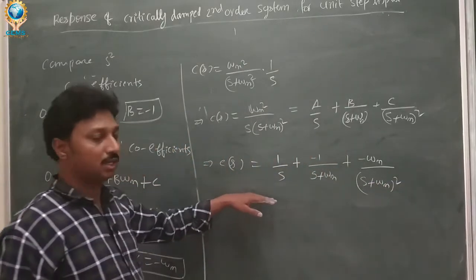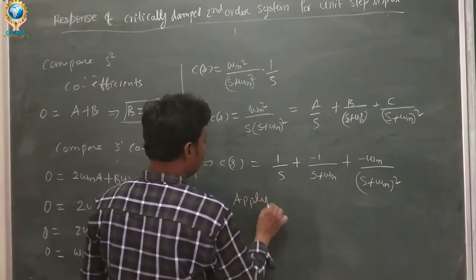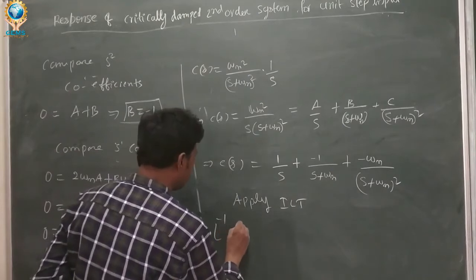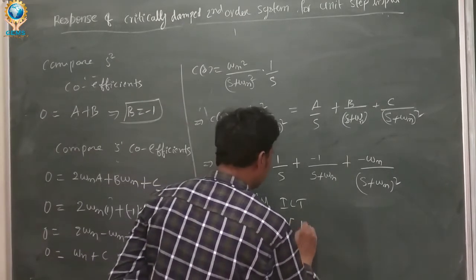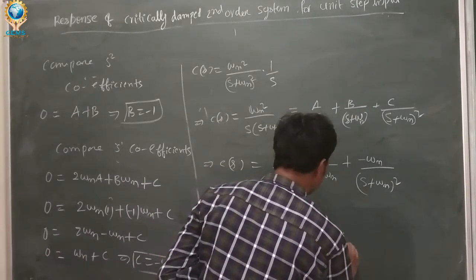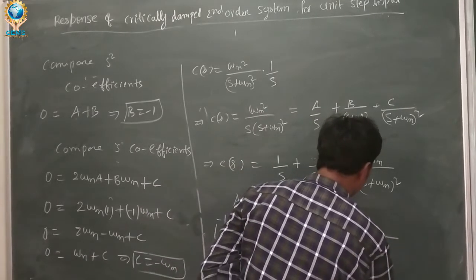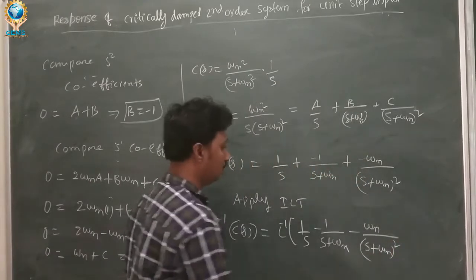So now you apply L inverse, apply inverse Laplace transform. So when you apply inverse Laplace transform, C of S is 1 by S minus 1 by S plus omega n minus omega n by S plus omega n whole square, right?